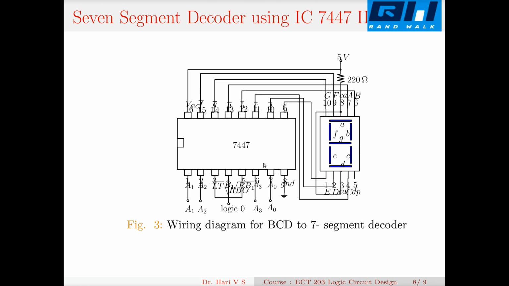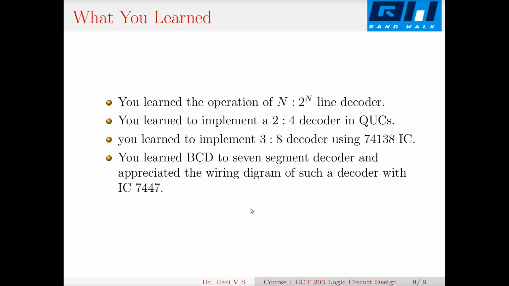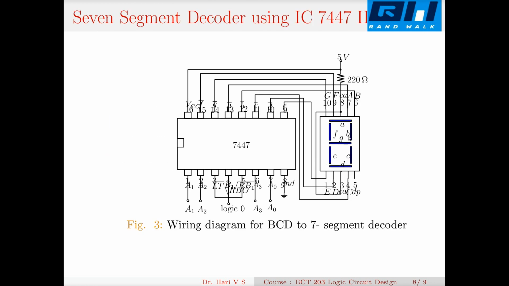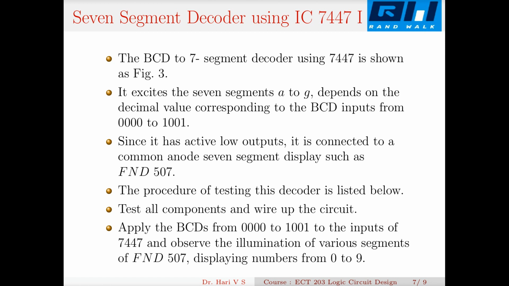Now when it is 0001, only B and C will be low and all others will be high. So only C and B will glow, and that will show a 1. This is how you set up a 7447 decoder with FND 507 common anode display.